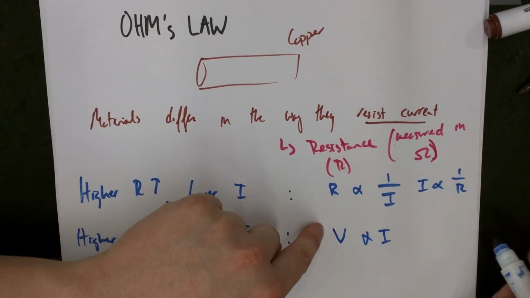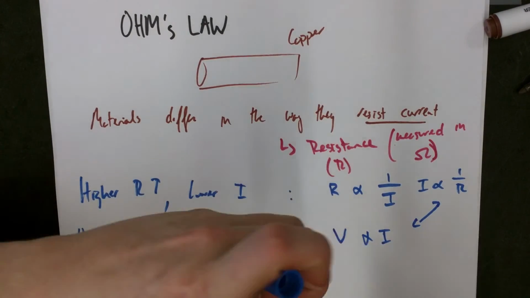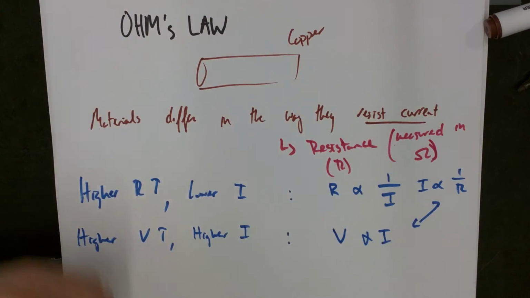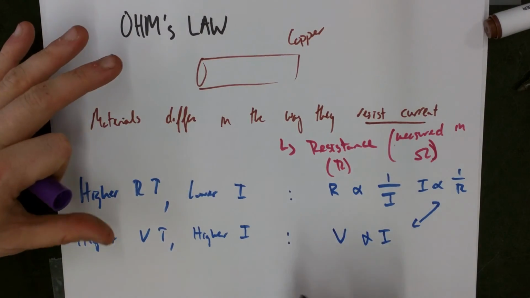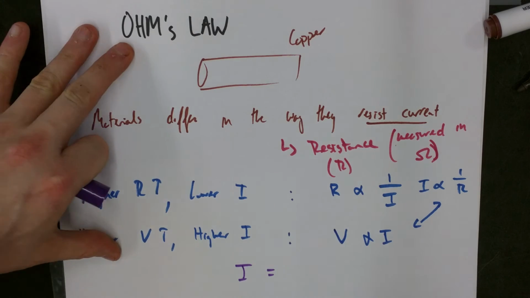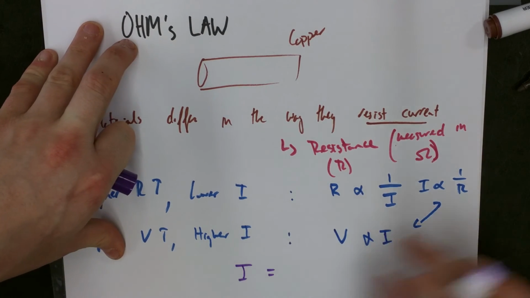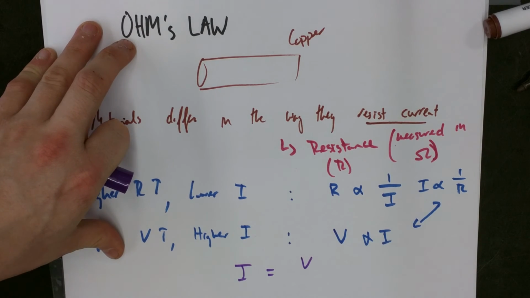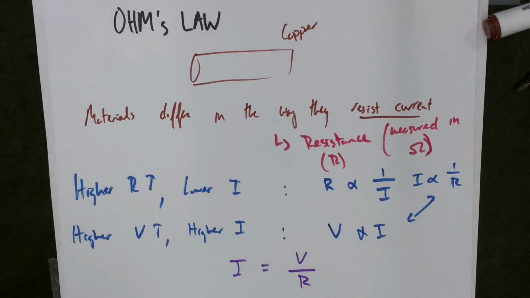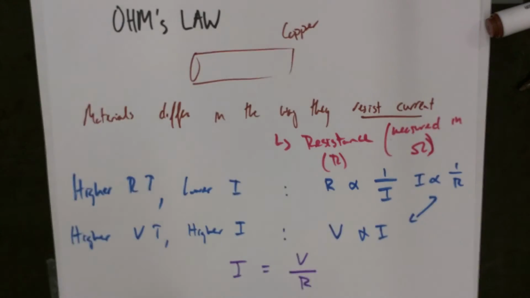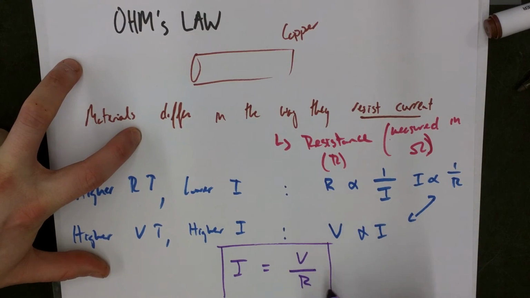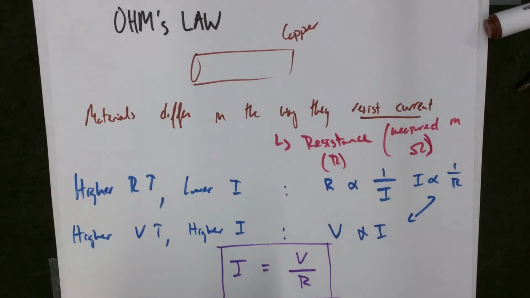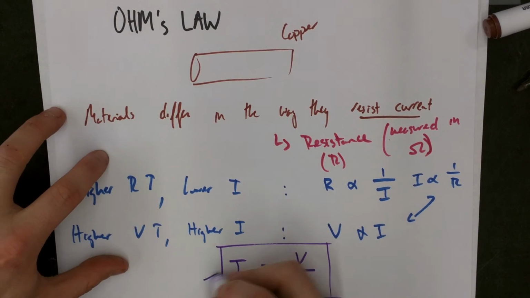Now I want to tie these two together into one beautiful equation relating I, V, and R. Well, I is proportional to V, so V must be on the numerator, and R should be on the denominator. And that is Ohm's law, that the current is the voltage over resistance.